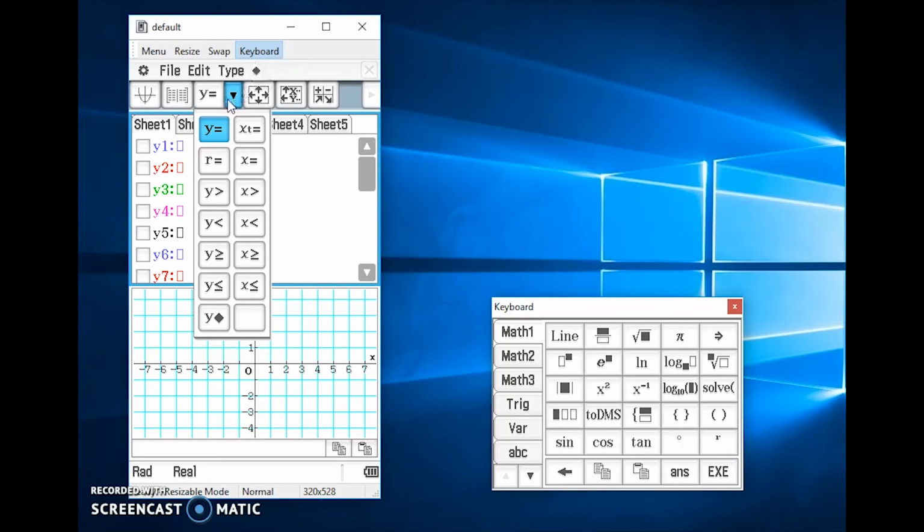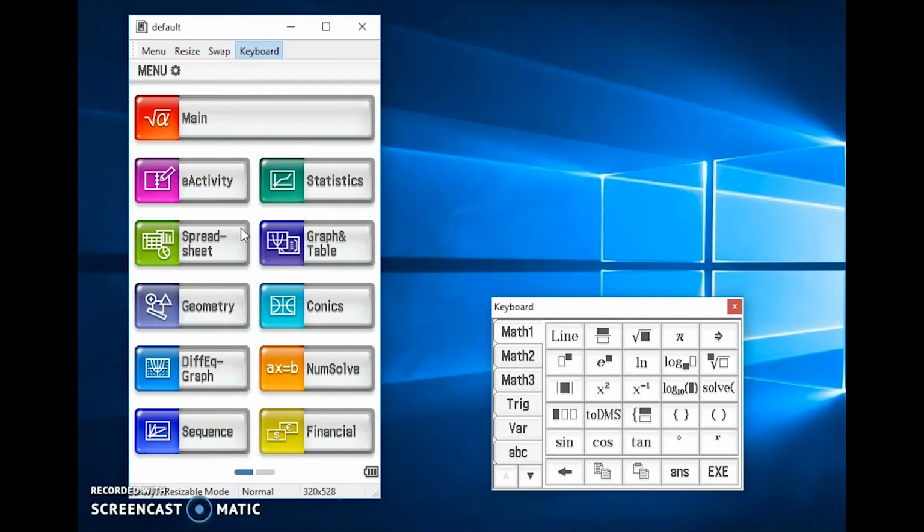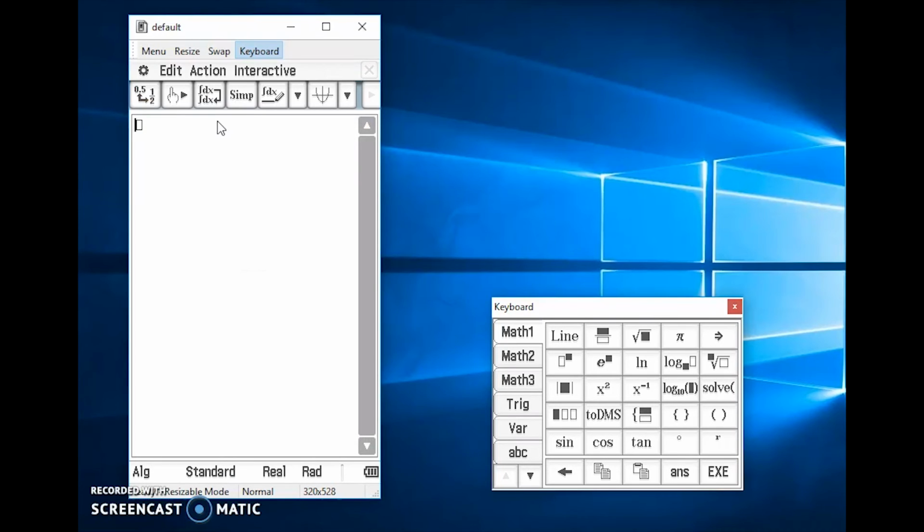So it's probably not the best way to go about doing it. So what we'll do is we'll go back to the main menu and enter in the equations as we've been given them. So 2x minus y equals 4, press enter, and also x plus 2y equals negative 3, and then enter.